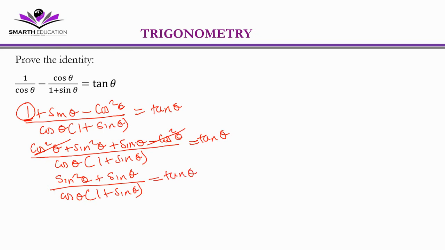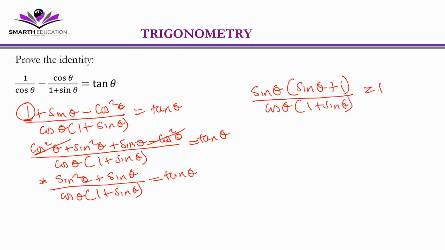And then we can factorize sine theta here: sine theta times sine theta plus 1 over cos theta times 1 plus sine theta is equal to tan theta.